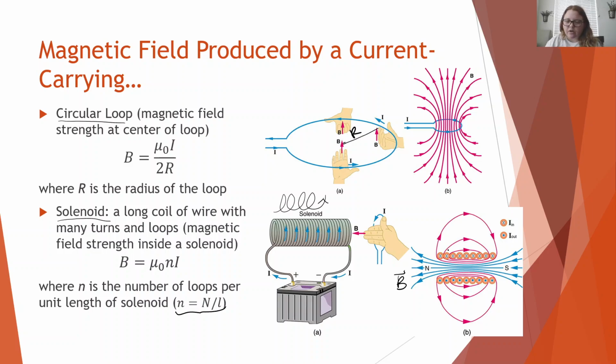So we have our current here, going into the page and then out of the page, on either side. So these are our wires, or the loop of wire. So this goes out of the page and then into the page.